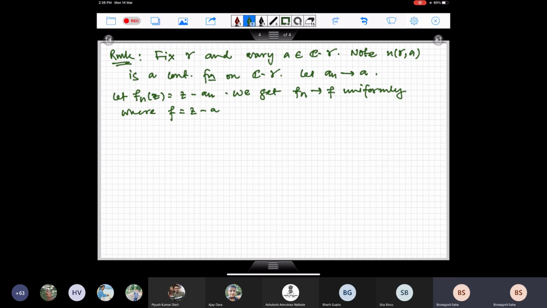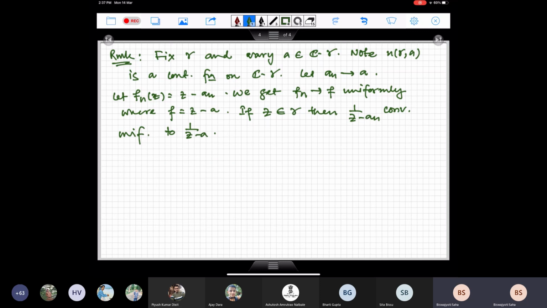And since z minus a is a non-zero function on the curve gamma, if z is in gamma, then 1 upon z minus a_n converges uniformly to 1 upon z minus a. Okay.